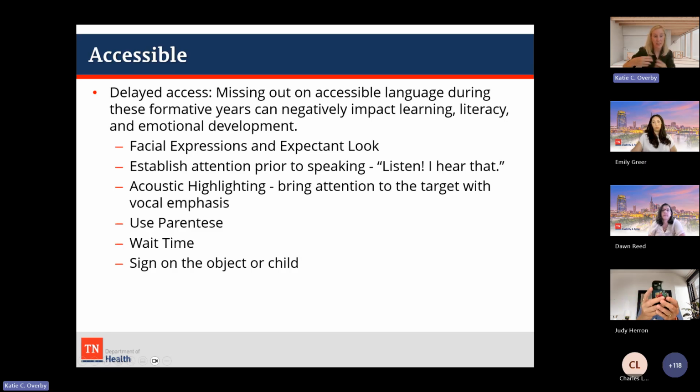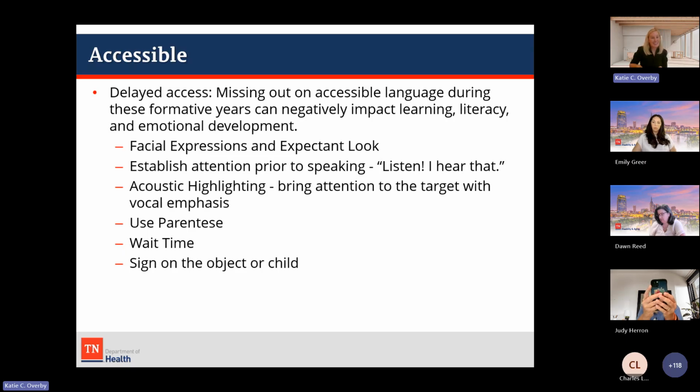You want to make sure that they have that attention, whether it's a spoken language that you're giving them or a signed language. We also talk about acoustic highlighting, where we're going to bring attention to the word or to the thing that we want the child to focus on, like, you're right, it is a red fire truck, especially if you're working on colors. So they know that it's a fire truck, and we're going to then give them that extra vocabulary word.